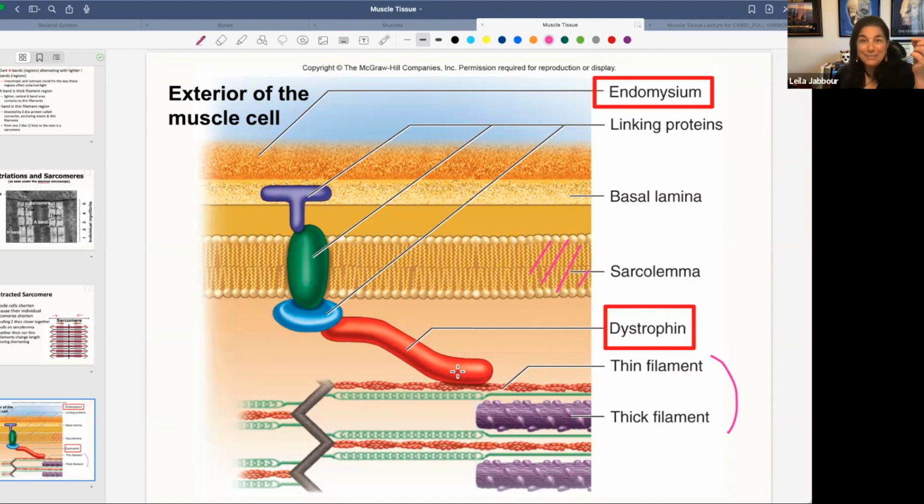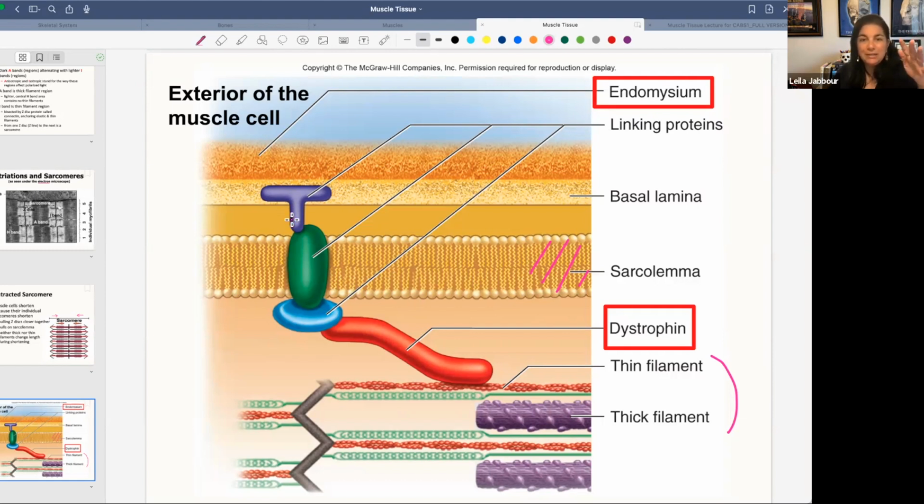Let's look at these molecules. Dystrophin is one of them. We have other linking proteins whose names are not mentioned here because I'm going to focus on dystrophin. In a course that would be even more heavy on molecular biology, we would have all the names of these linking proteins. It's research that allows us to identify these proteins and figure out whether they're transmembrane, or below the membrane, or on the surface.